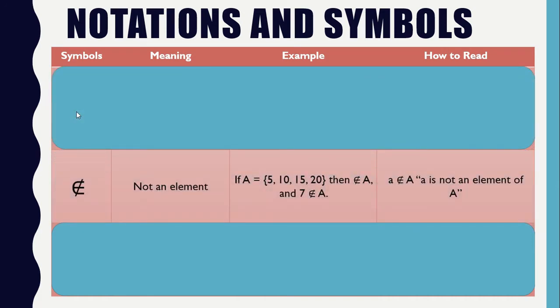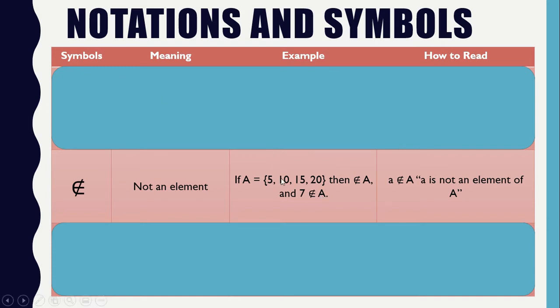Our next symbol is called not an element. This symbol looks like the E again, like the element symbol, but with a slash in it. The way to read that symbol is not an element. Okay, so we go to the example. If set A is equal to 5, 10, 15, 20, then 7 is not an element of A. Why not an element?